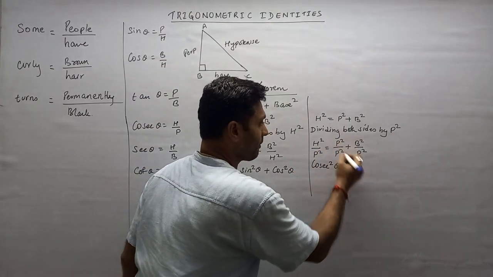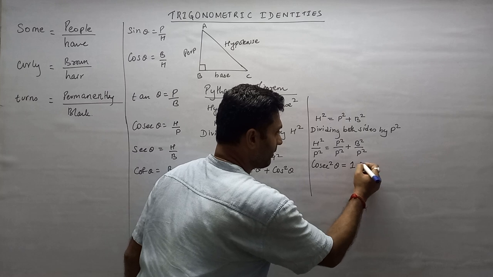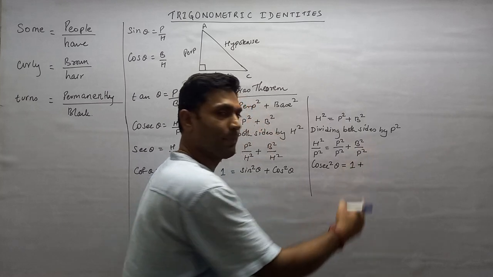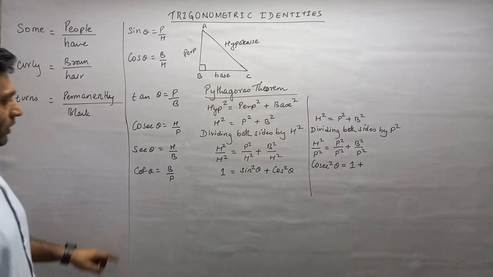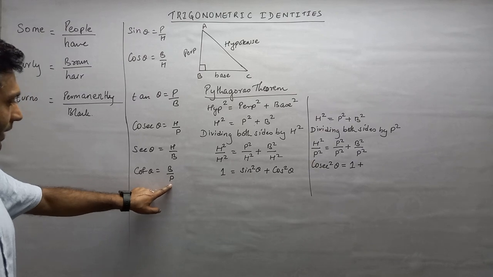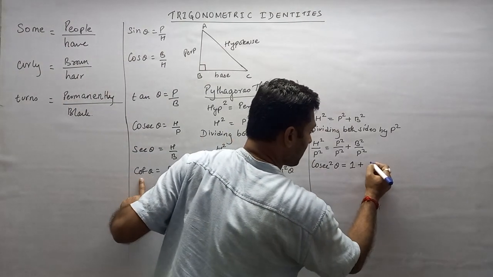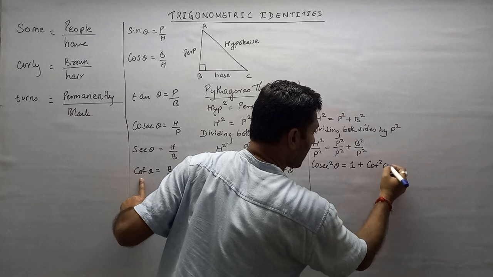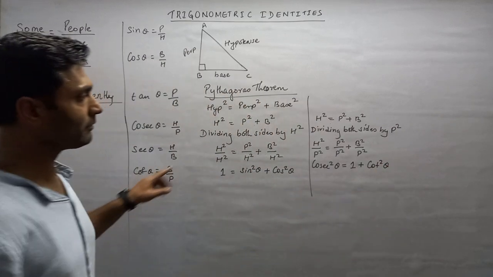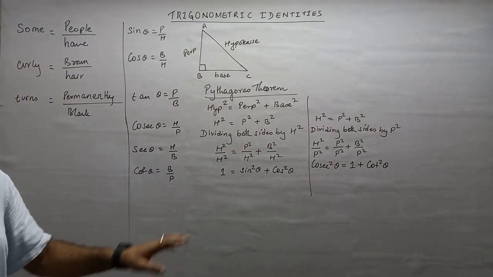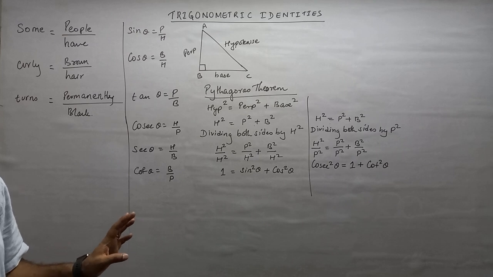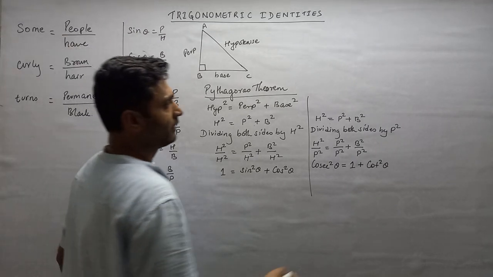P square divided by p square is 1 plus, now we have b upon p, which is cot theta. So I can write this as cot square theta. So we got the second identity here, right?